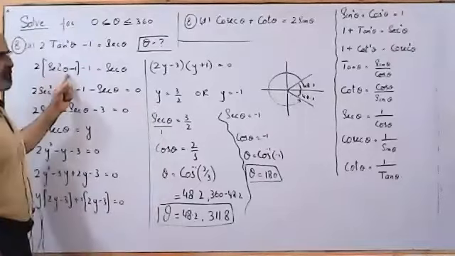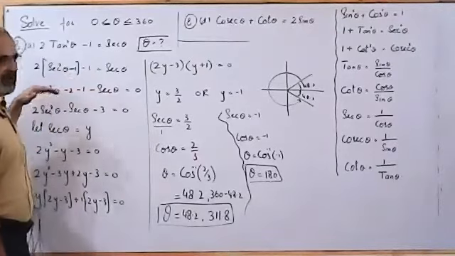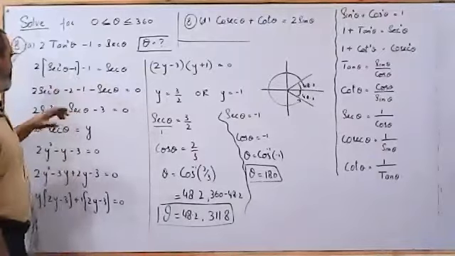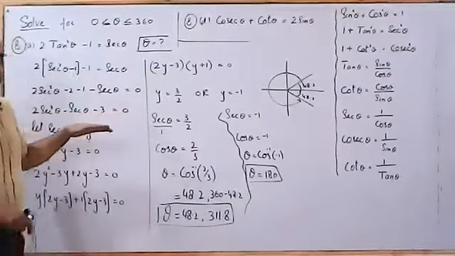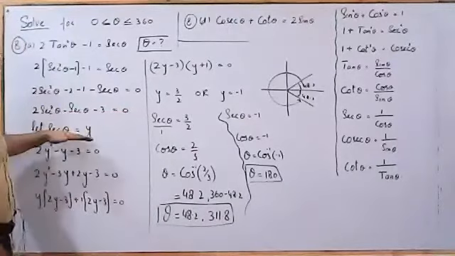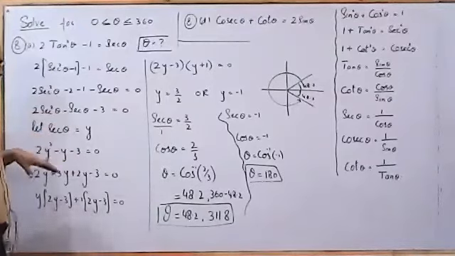I have changed tan square into secant square minus 1, so that I have a single trigonometric ratio in the equation. So I have the equation 2 secant square minus secant theta minus 3 is equal to 0. Then I have supposed that secant theta is equal to y, just to make an easier look of the equation.